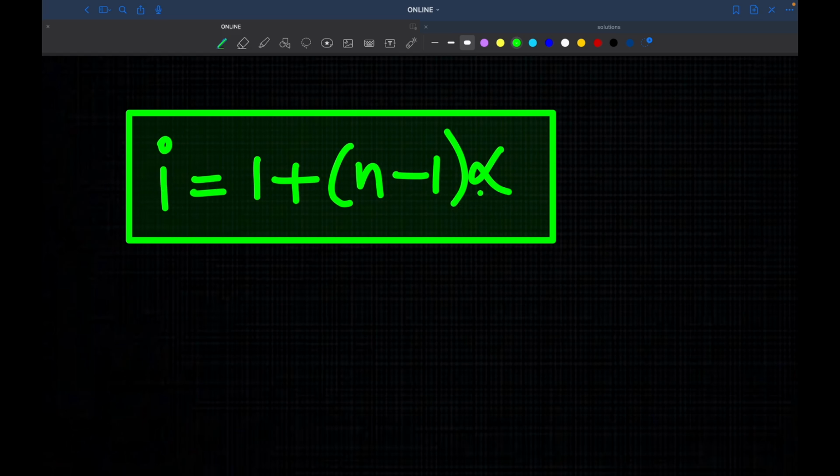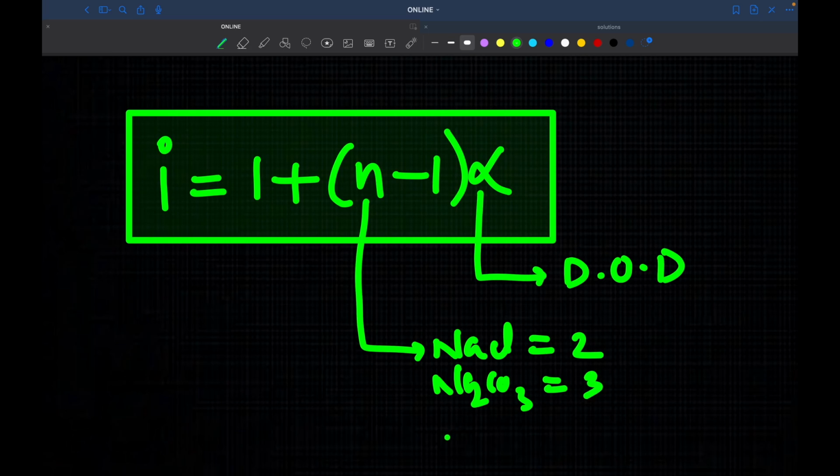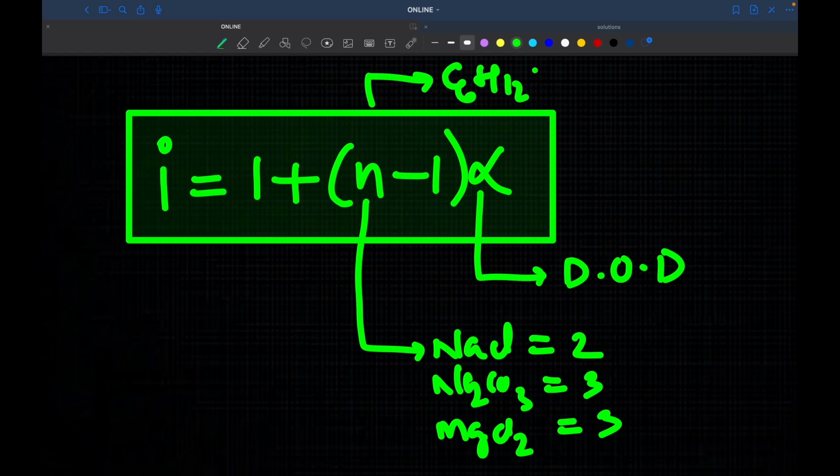What is alpha and I? Alpha is the degree of dissociation. What is n? Let us say for NaCl, n is 2. For Na2CO3, n is 3. For MgCl2, n is 3. Number of ions produced on ionization by an ionic compound is n. For glucose, C6H12O6, how many come? 1.